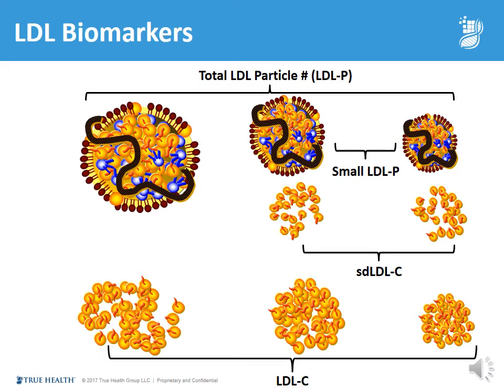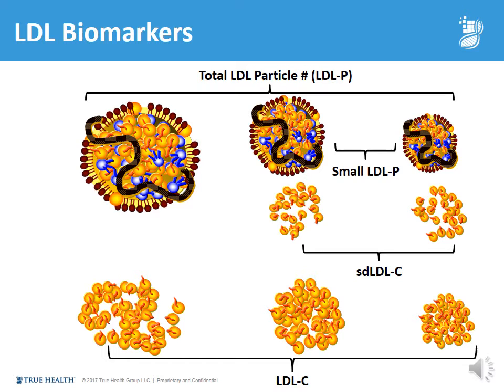Both are primarily used, one is a lipoprotein metric, the other is a lipid metric, to be indicative of the presence of insulin resistance. Diabetics, insulin-resistant people tend to have more small LDL particles, and clearly they would be carrying more cholesterol than somebody who didn't have a lot of small LDL particles. Total LDL cholesterol is really the sum of the cholesterol in your bigger and your smaller LDL particles.